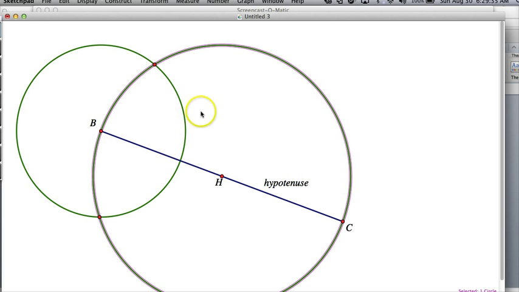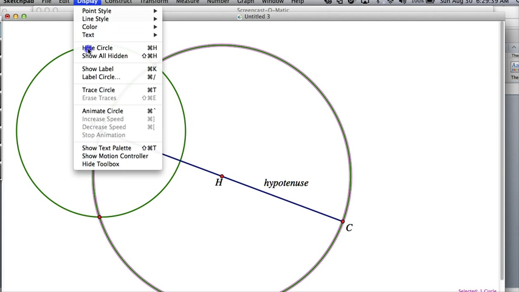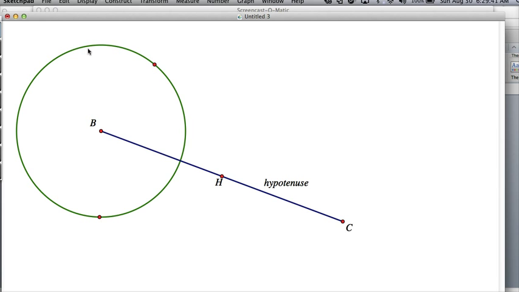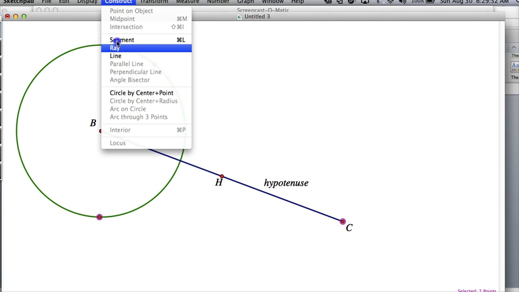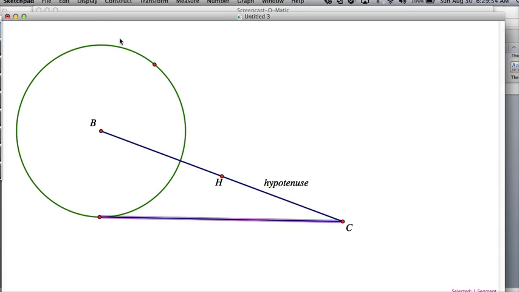So I'm going to get rid of this circle here, let's just hide that. And then from there, I know that the segment from C to this point here must be a tangent segment. So I can construct a segment or a line, but that should be a tangent.